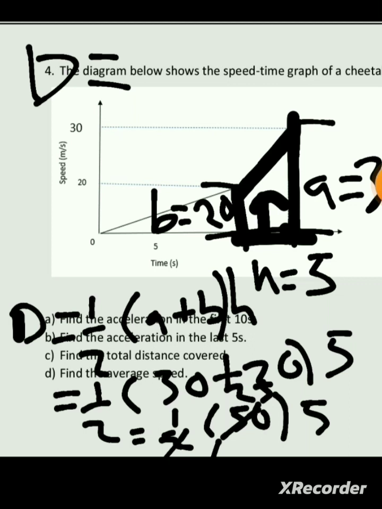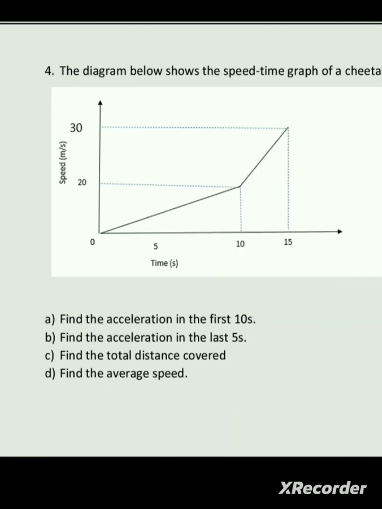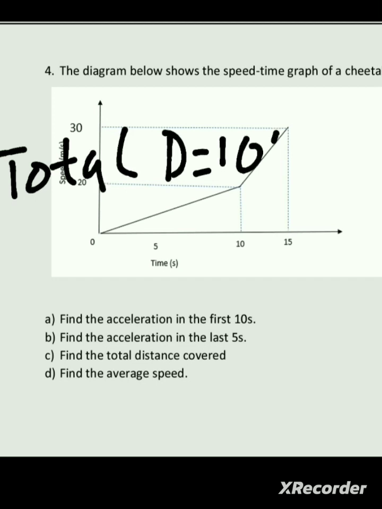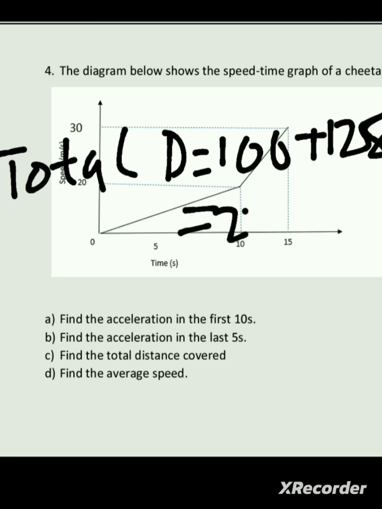So 25 times 5 is 125. So it's going to be 125 meters. This 125 meters we're going to add to the first distance we found, which was 100 meters, and it will give us the total distance: 100 plus 125 meters, which is 225 meters.